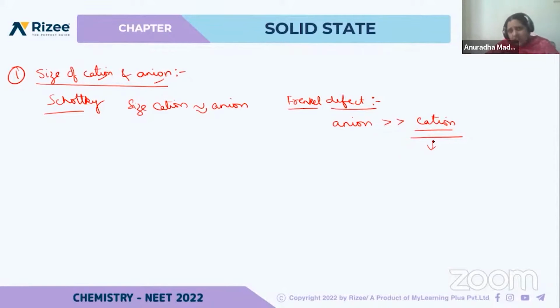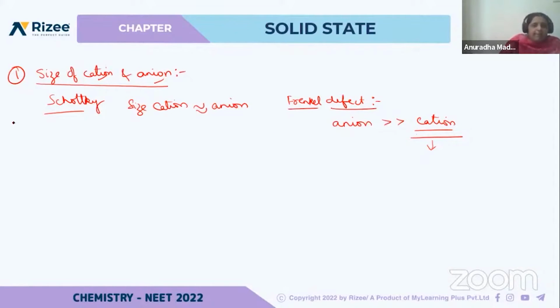If the size of the cation is big, then this sort of defect is not possible to happen. So obviously, the cation size should be small so that it can go and sit into a void or interstitial site. So this is the basic difference between Schottky defect and Frenkel defect whenever we consider the size of cation and anion.